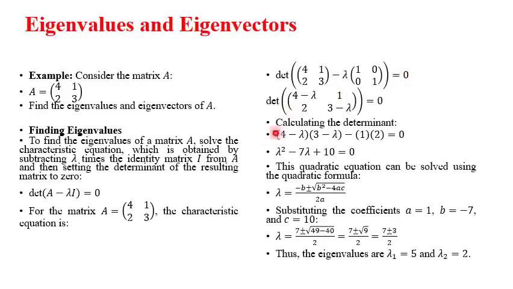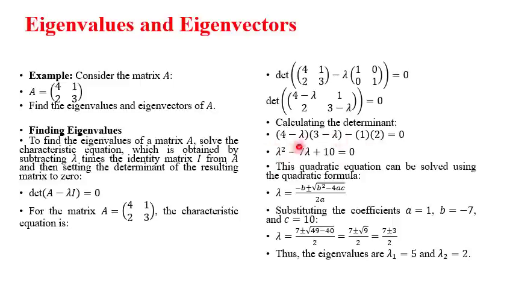Okay then, so calculating the determinant, we then say 4 minus lambda multiplied by 3 minus lambda on this side. So we subtract, we say minus 2 times 1, and we also set that to 0. So then when you multiply this out and you subtract it from this, you get this.